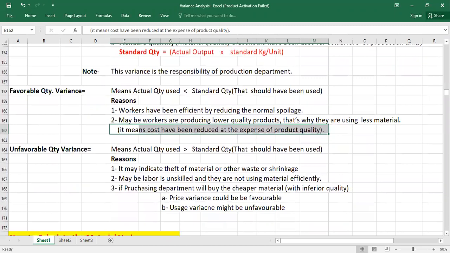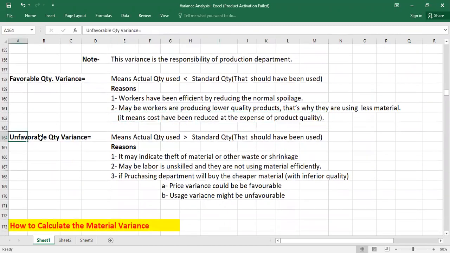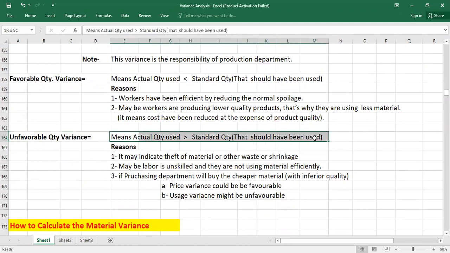Now we have another point: unfavorable quantity variance. As I told you, unfavorable quantity variance occurs when the actual quantity used is greater than the standard quantity, which is the quantity that should have been used as per the flexible budget. The following could be the reasons.